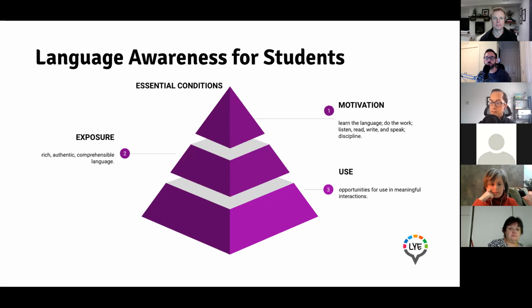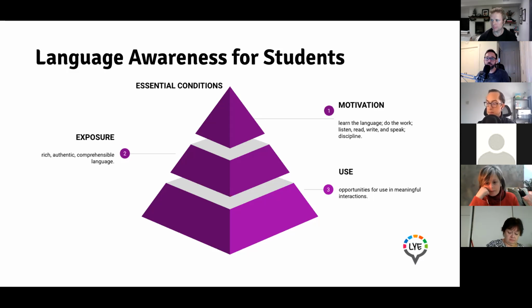I think the key word for exposure for us here is authentic, because when you look at authentic language, you're looking at language as an organized whole, the Gestalt. When you look at a textbook, language is most of the time broken down into individual parts, used to illustrate a very specific part of the entire system.